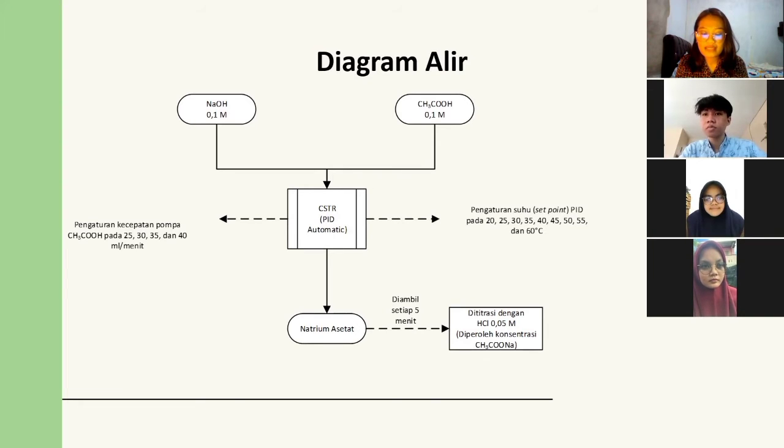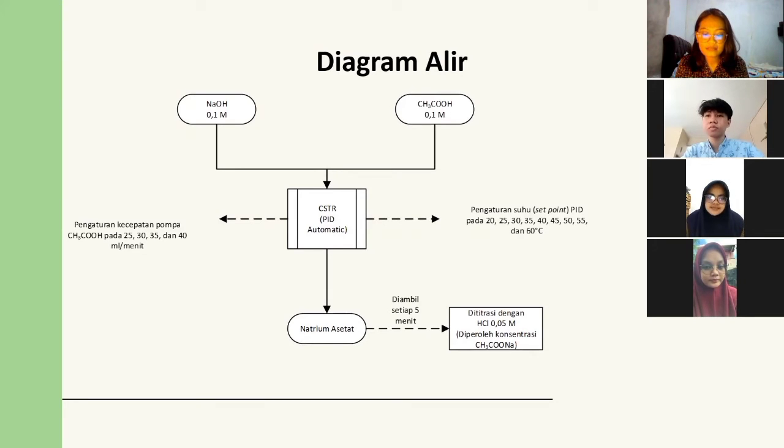The set point on the PID is 20 degrees Celsius in the PID automatic operating mode. Then sodium hydroxide is pumped into the reactor until it overflows. Then it is stopped.